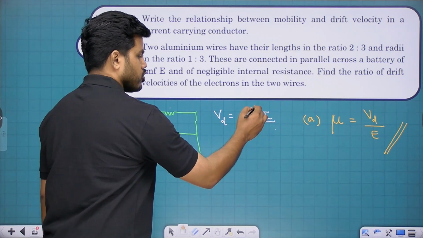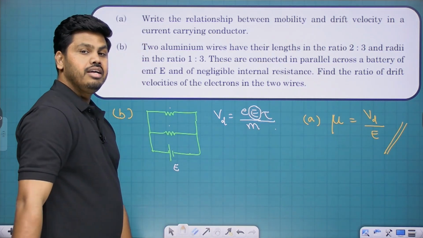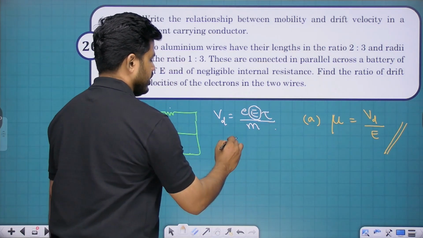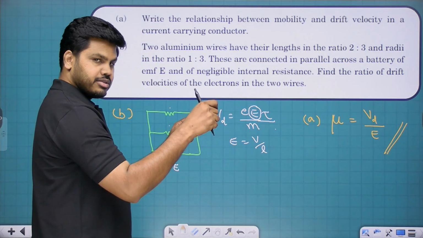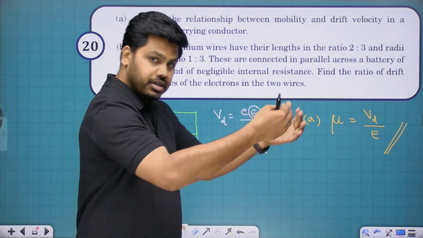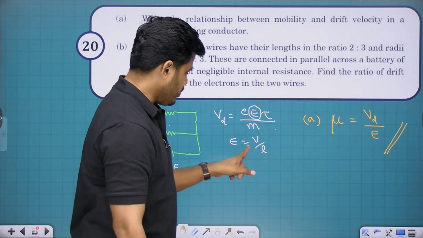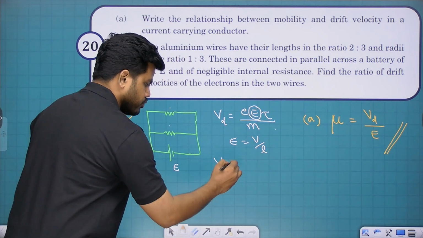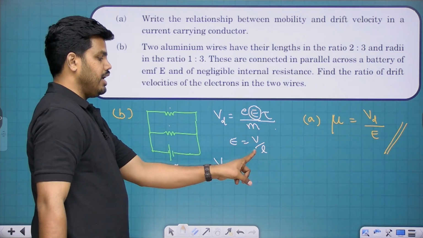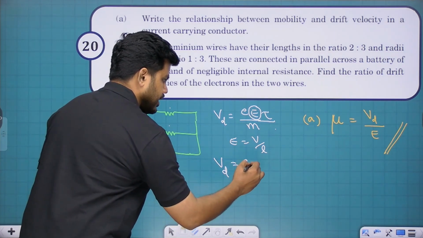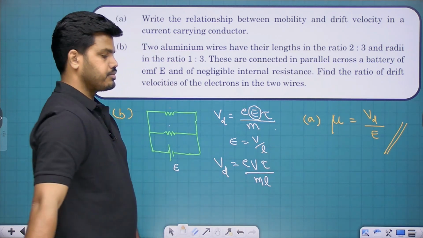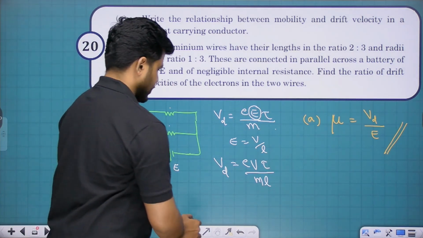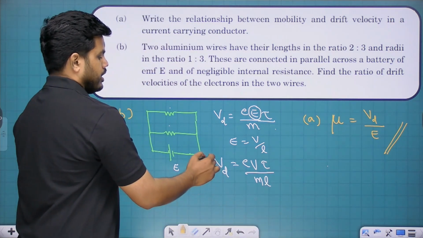This is one form of the drift velocity equation. Another form is in terms of potential difference. Here E is replaced by V by L, right? The potential difference across the ends of the conductor divided by the length of the conductor. That is how we substituted V for E. So then we get e V tau divided by m into L. Right. So now look at this.